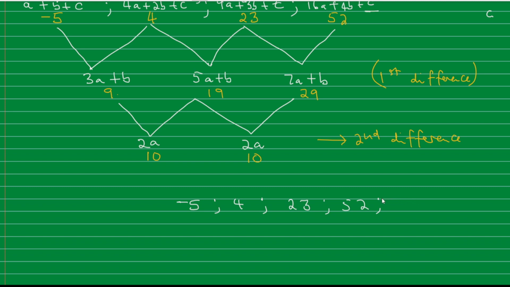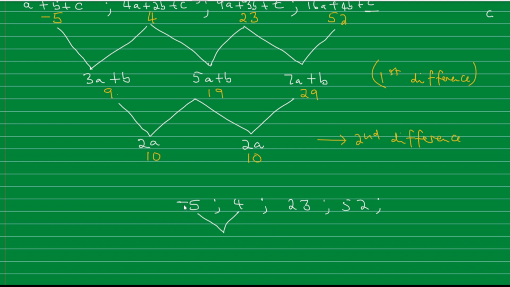Now we want to find the general term of this sequence. This is a quadratic sequence. So what we do is we follow the format that we have done here. Let's find our first differences. Okay, so we have done that already.